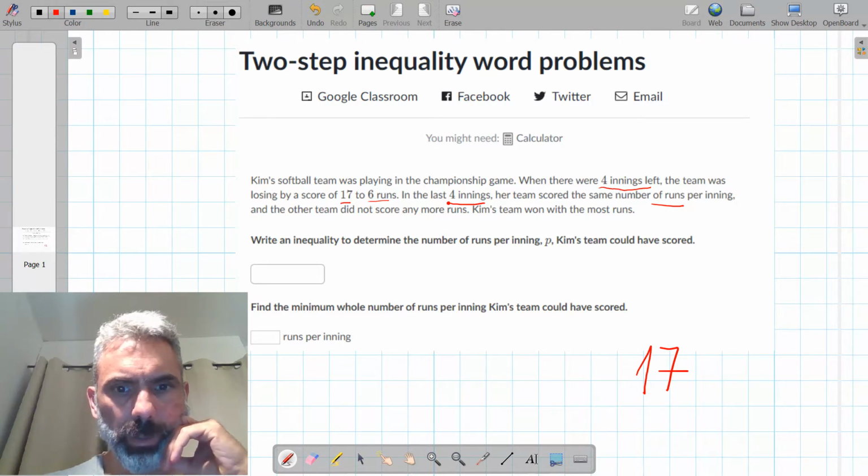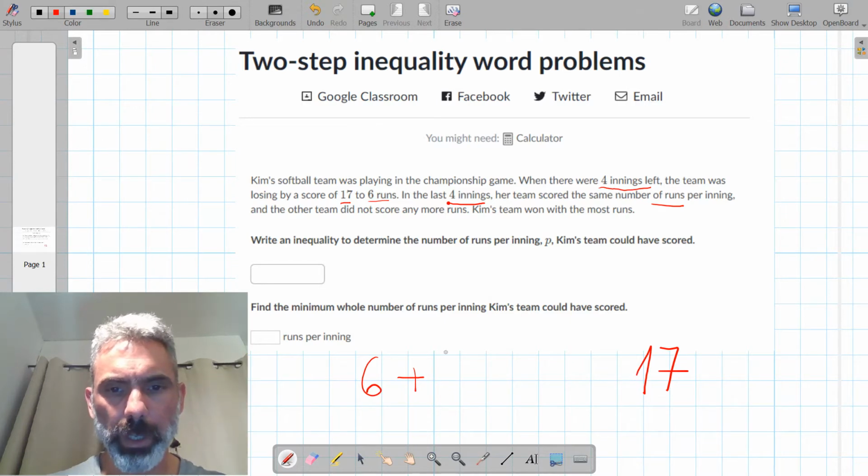Okay, so Kim's team, to begin with, has 6 runs. And now we add 4 innings times an unknown number of runs per inning, P.